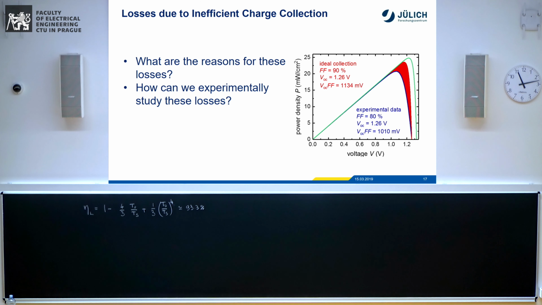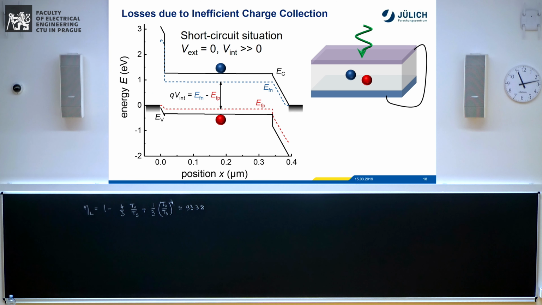Okay, now what are the reasons for these losses and how can we experimentally study these losses? So what I think is that our contact layers are quite good, well suited to suppress non-radiative recombination, but they have some other issues. And we try to study these issues, resistive issues in particular, by doing a simple experiment, namely photoluminescence, but trying to do this relatively simple experiment in a device at short circuit, which is something that you usually don't do.